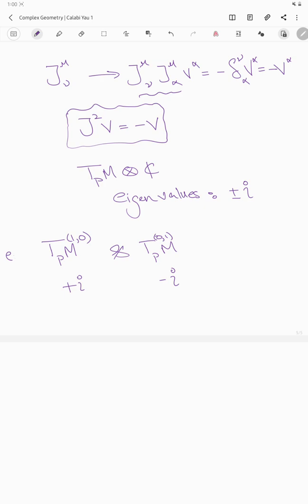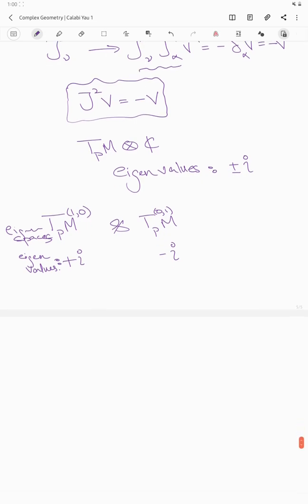So these are the eigenspaces, ignore my writing, and these are the eigenvalues for the corresponding eigenspace, right? Now each of these eigenspaces are actually isomorphic to the complex space C mu, and the complex conjugate to each other, right?